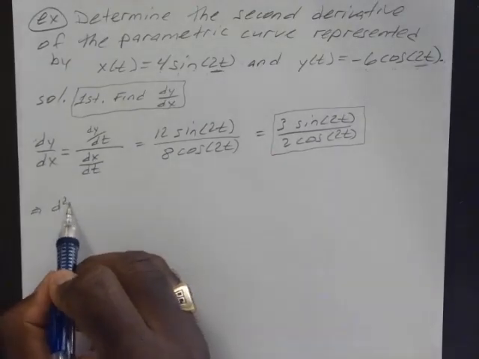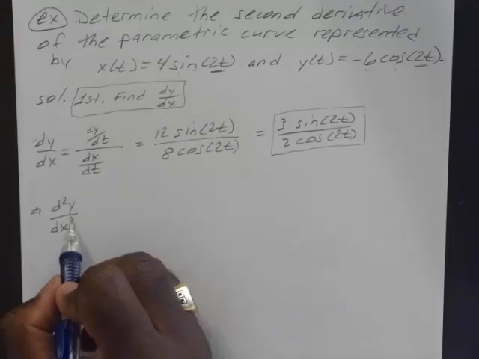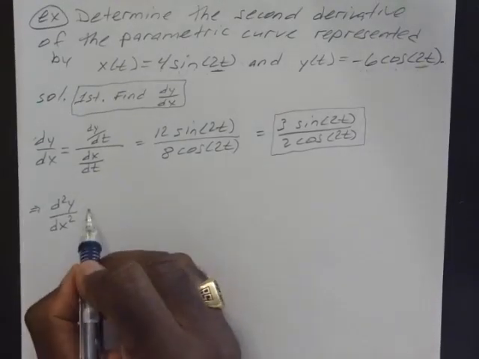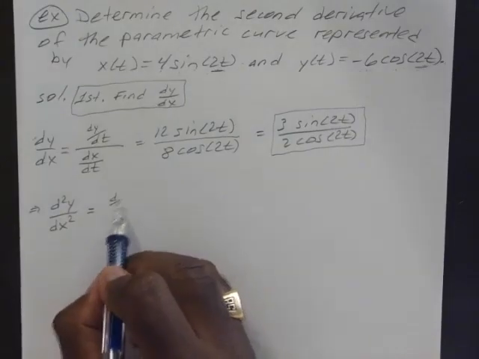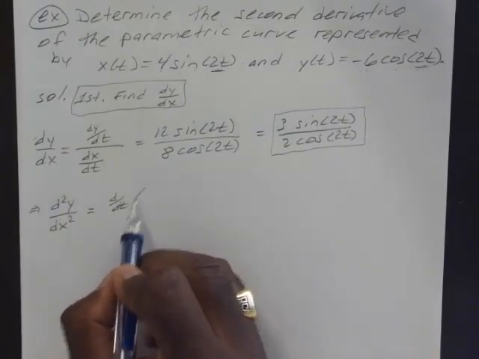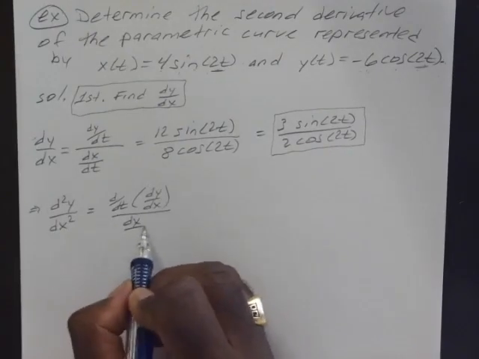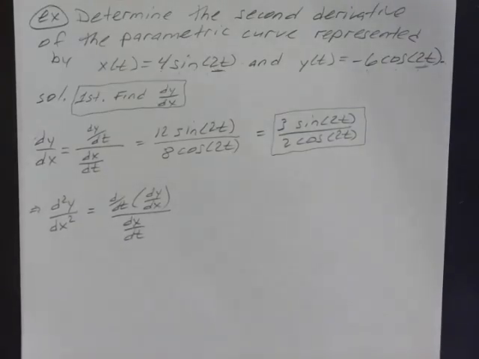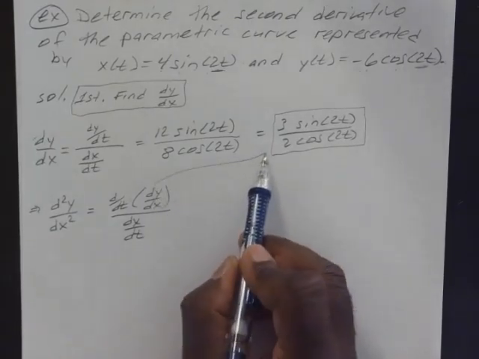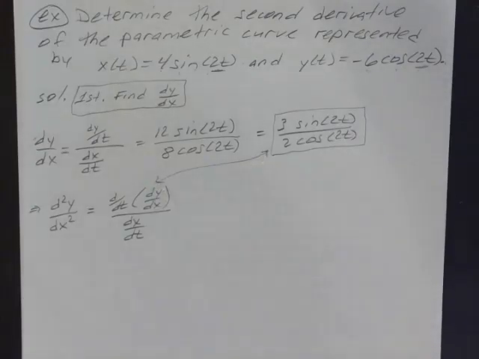Okay, and we know that our second derivative of y with respect to x is equal to the derivative with respect to t of your dy dx divided by your dx dt. Well, we know that our dy dx is 3 times sine of 2t divided by 2 times cosine of 2t.